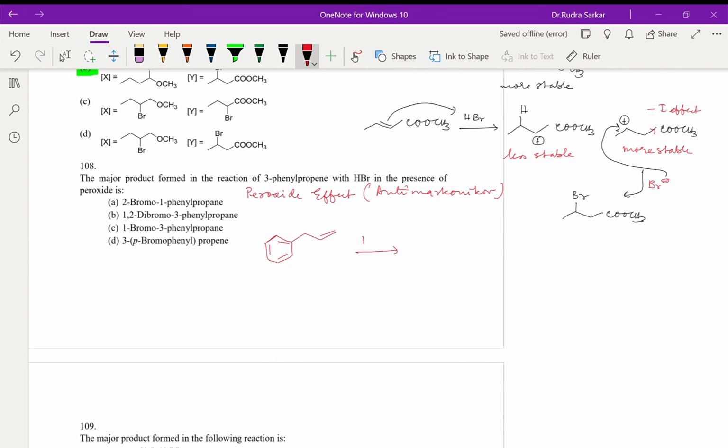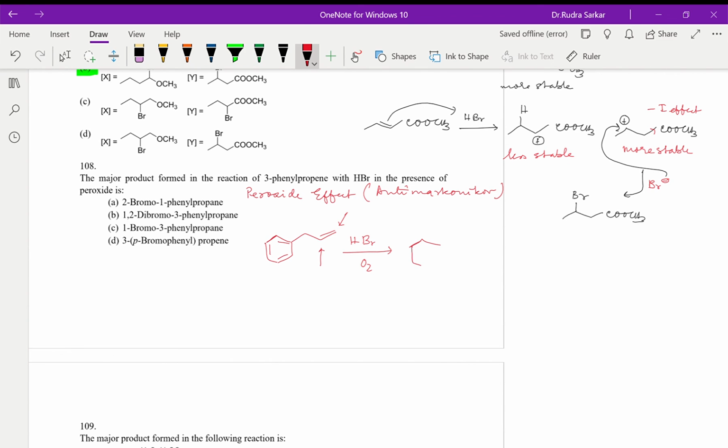So if it is adding with HBr, normally in addition of HBr, the Br should have added over here if it is Markovnikov product. But here they are saying it is anti-Markovnikov product. That means the Br addition will take place over here via radical mechanism.